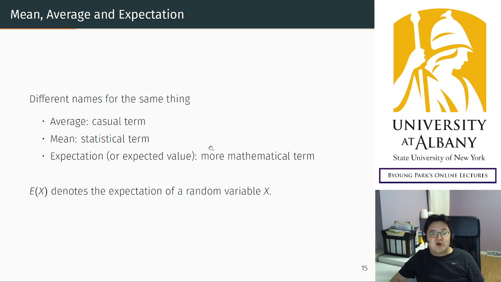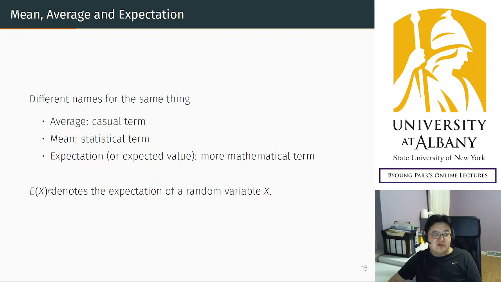And an even more general, mathematical and theoretical term is expectation or expected value. In this course, I'm going to call this expectation because I'm more used to this term. When I learned statistics, and in most higher level statistics textbooks, expectation is more common than the mean. So I'm going to use the term expectation.